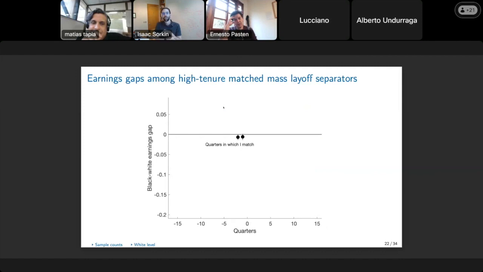Okay. So I'm going to show you this event study graph of the black-white earnings gaps among the high-tenured matched mass layoff separators. This is showing you the 2 quarters before they separate, and I match them based on these 2 quarters, so it's mechanical that they have very small black-white earnings gaps.